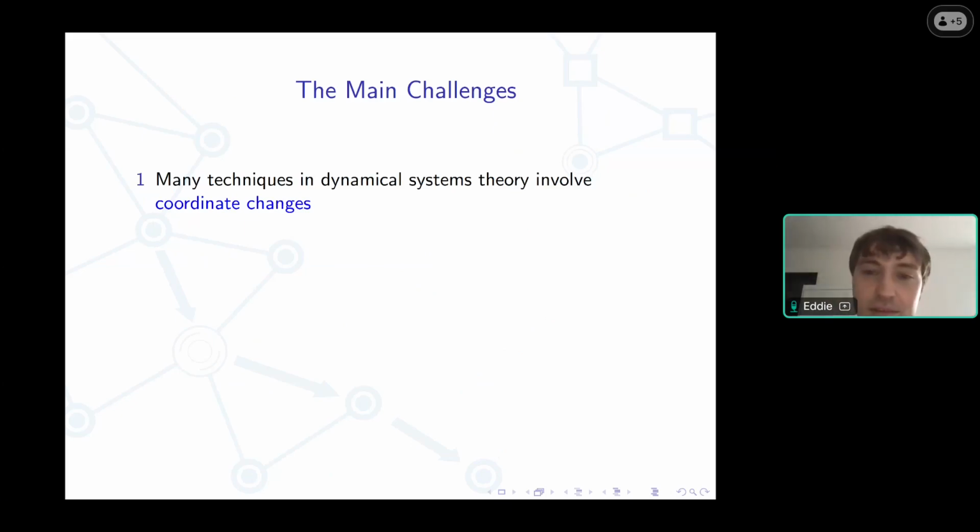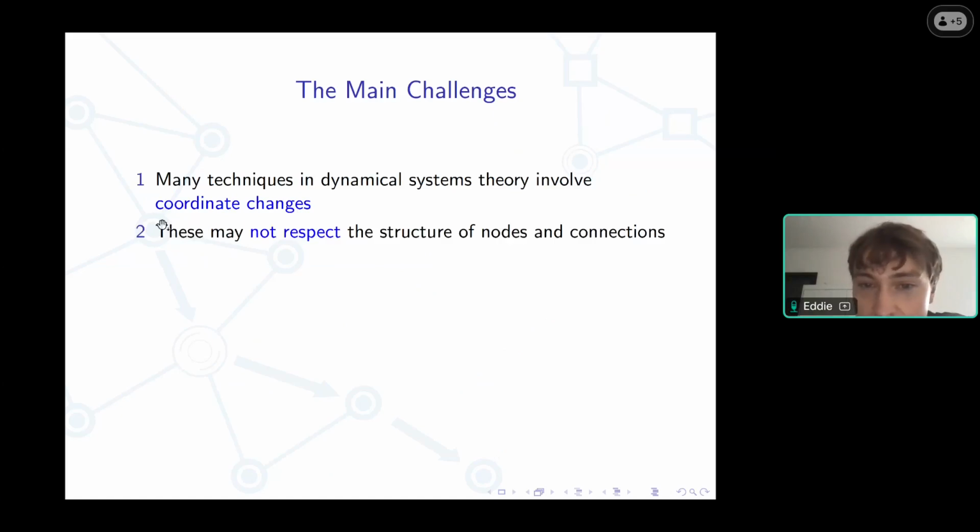Or you might identify some invariant space on which the dynamics are nice or the dynamics are interesting, and you might want to flatten that out, and that's a coordinate change. So coordinate changes galore, but the problem is coordinate changes will typically not respect your structure of nodes and connections.